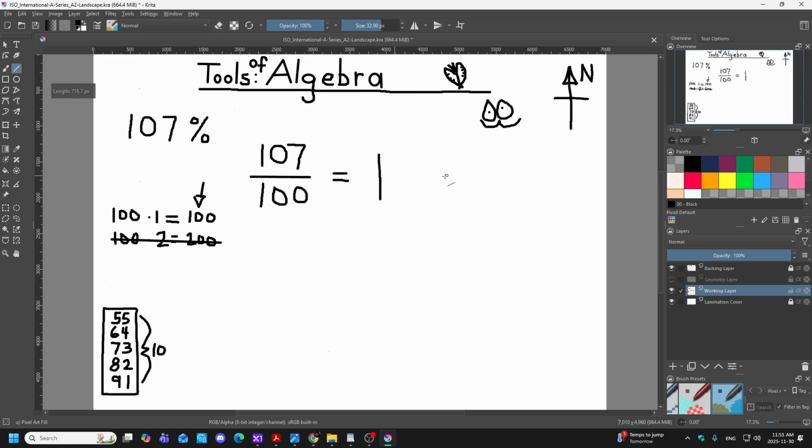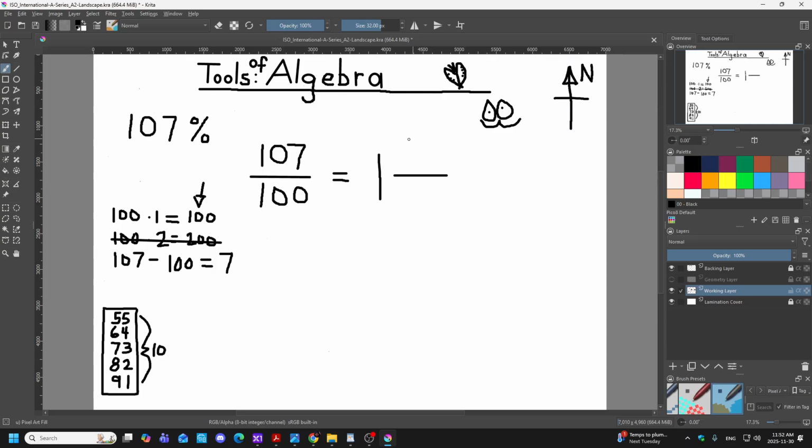The next thing we need to do is find the numerator. The second step is to take this numerator and subtract from it the value that you have here, which is 100. We get an answer of 7.